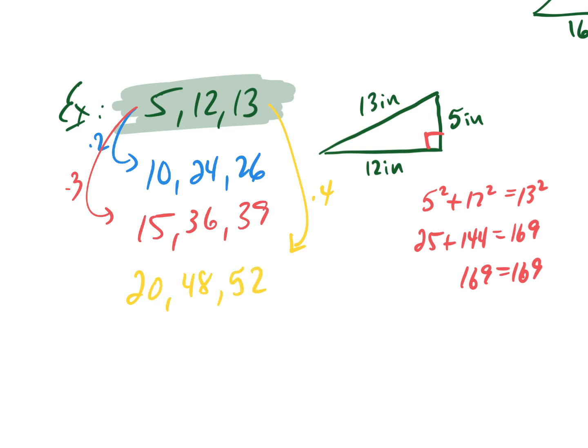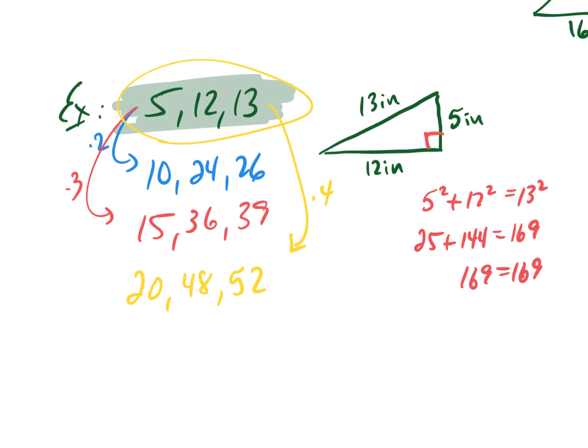All of those are Pythagorean triples, meaning they would be the sides of a right 90-degree triangle. So the initial and then times any multiple, times 2, times 3, times 4, times 5, times 6, times 7, all give us the sides of a right triangle.